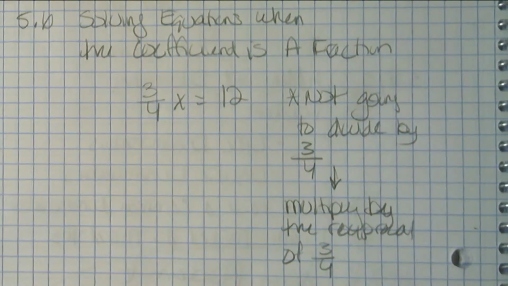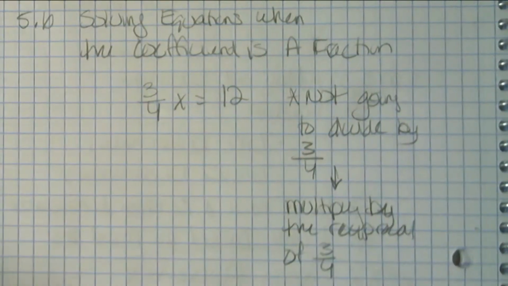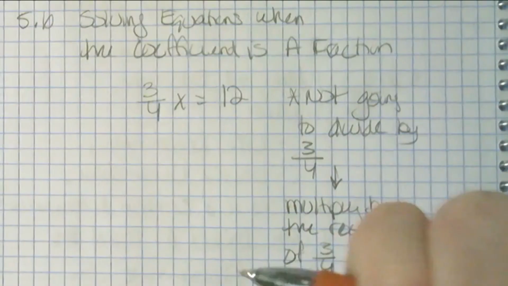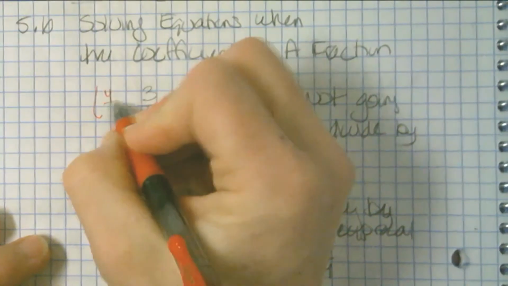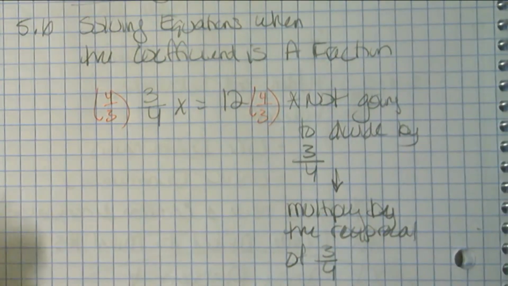So instead of dividing by 3/4, you multiply by the reciprocal. Let's do that real quick so you remember. AJ is exactly right. We're going to multiply both sides by 4/3 and then simplify.